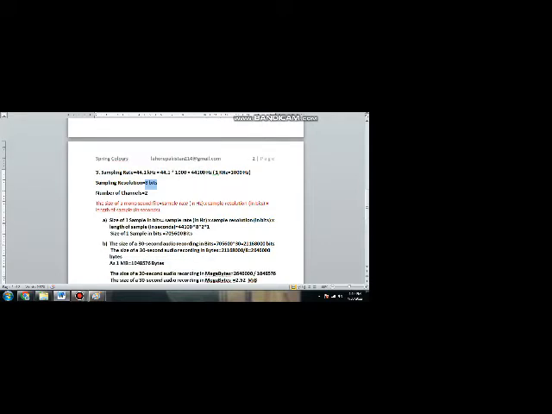So I have multiplied it with 1000. Sampling resolution, the number of bits that will be used to save one sample, will be 8 bits. Number of channels is 2.